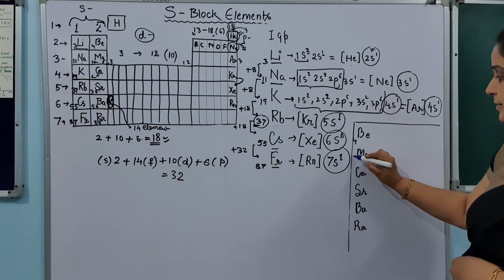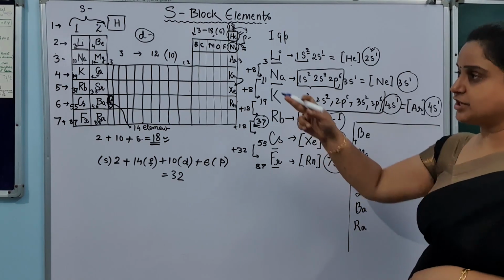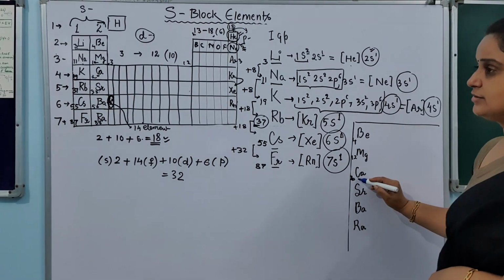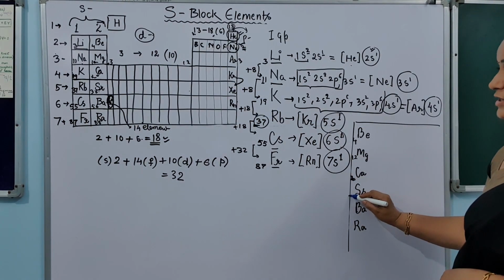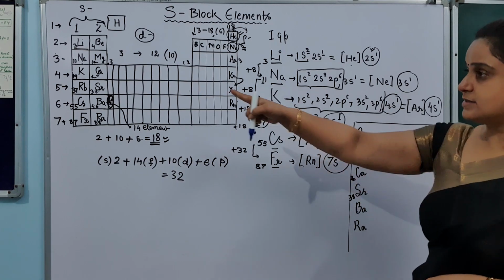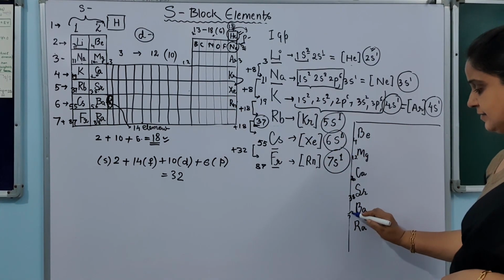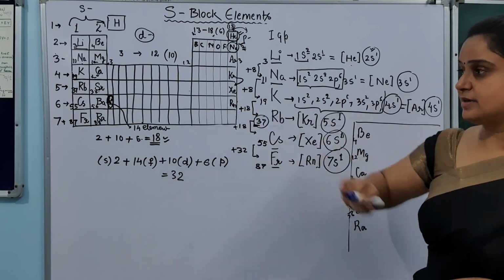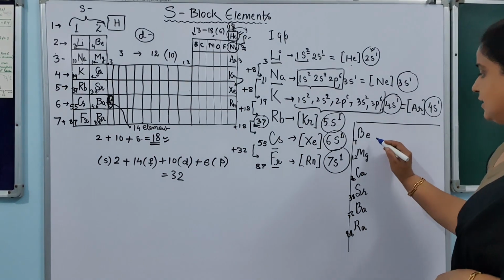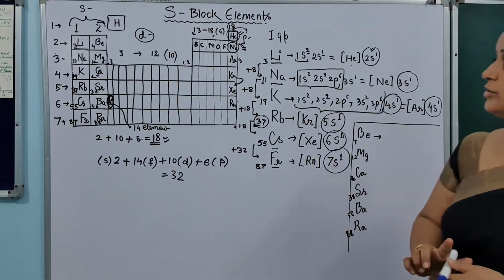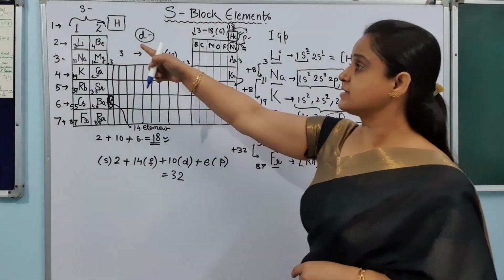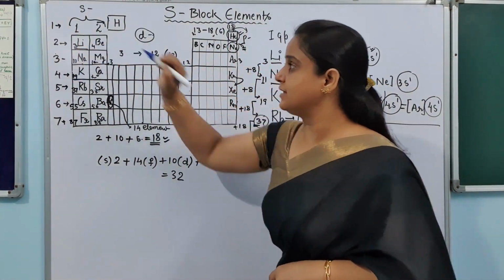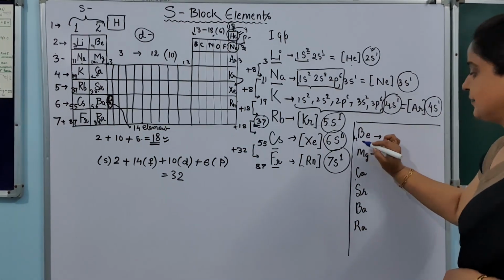Now this is 12, potassium is 19, so the next one is 20, rubidium is 37, so strontium is after rubidium, so this is 38, barium is 56, next radium is 88. Okay, now write down the electronic configuration. So again it becomes obvious. I am starting from beryllium. Beryllium here is 4 because it is after lithium. So I am writing down 4 here.